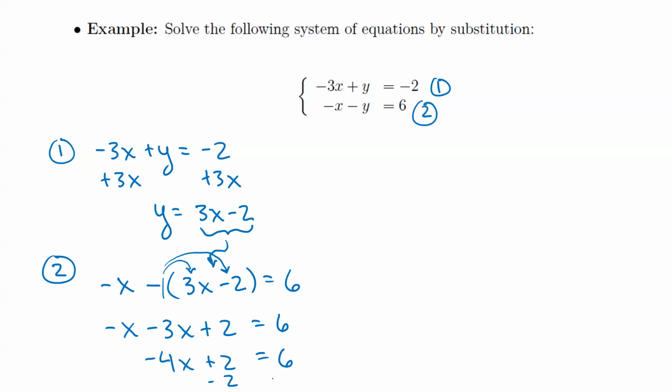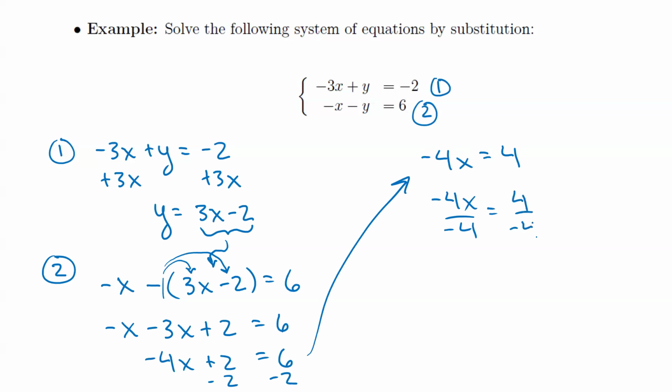So we'll end up subtracting 2 from both sides. So negative 4x equals 4. So x equals negative 1. And then just like the last problem, use the equation where y is already isolated to figure out what the y value is that goes with it.